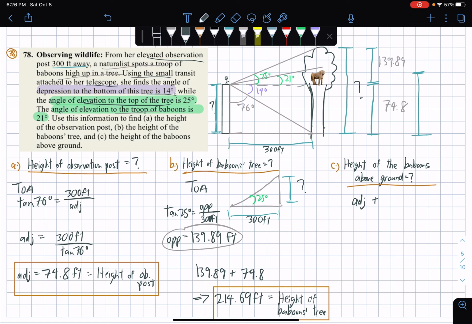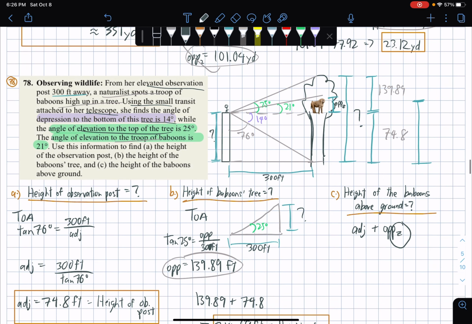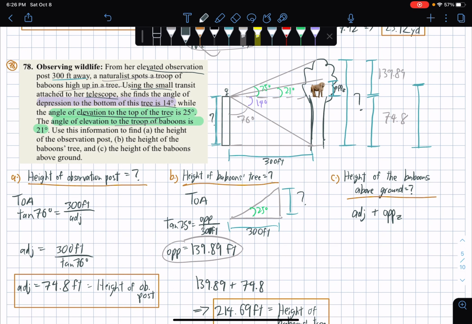So let's just try to assume that this is opposite, say Z. So opposite Z. Just in case you're wondering where the heck did I get the letter Z, I'm not sure if it's accepted, but then I tend to become creative in terms of this.